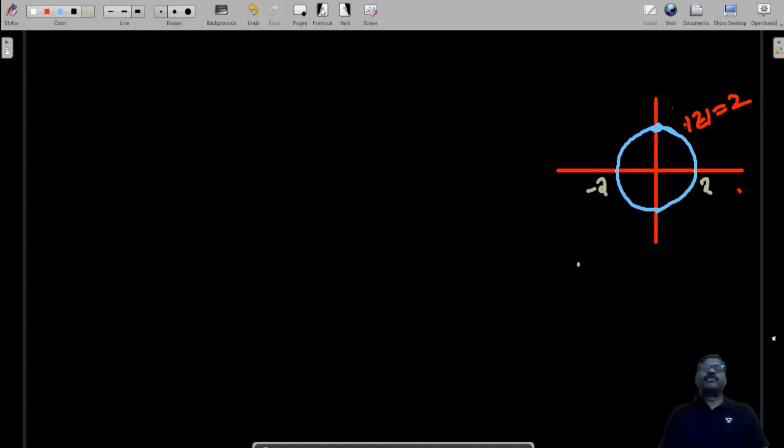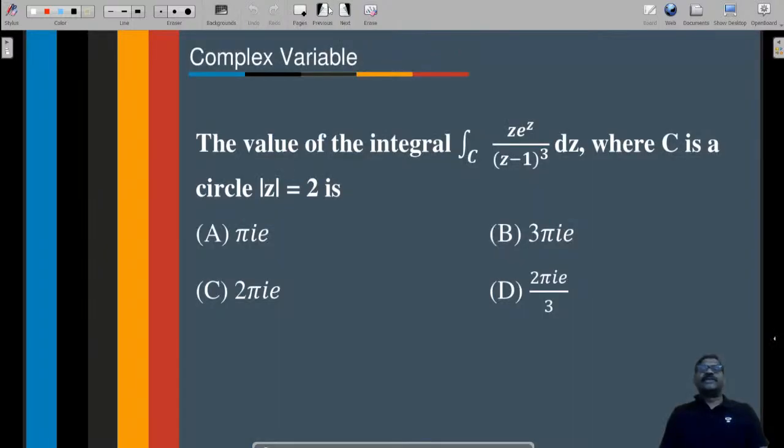Now the singular point is 1, and 1 lies inside. Therefore we have to calculate the residue at 1.